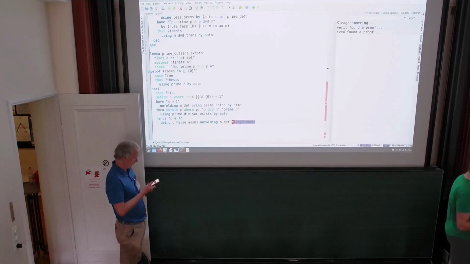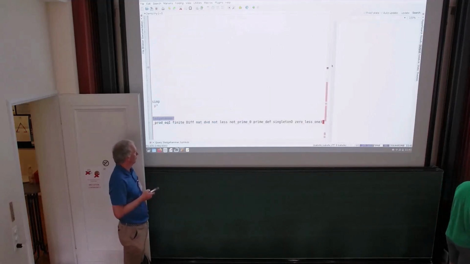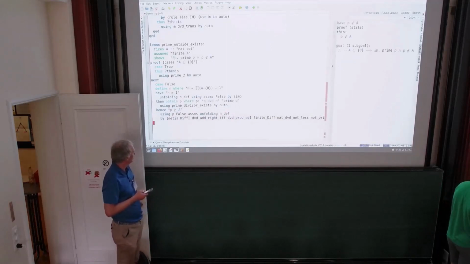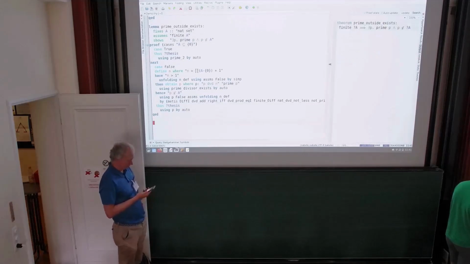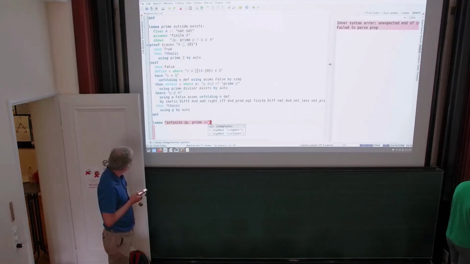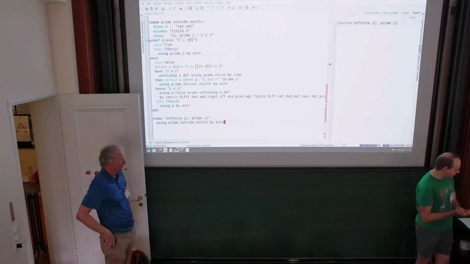When you do more advanced mathematics, Sledgehammer is not quite as good as it is here, but still it's used a lot, and it's very helpful. And we're done. And now we can also show that the set of primes is infinite. Yeah, just like that.